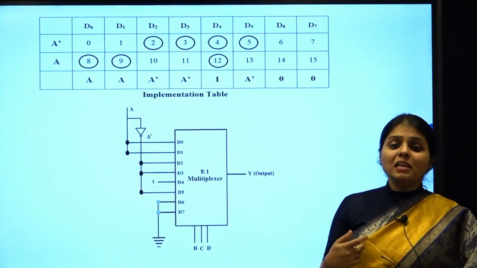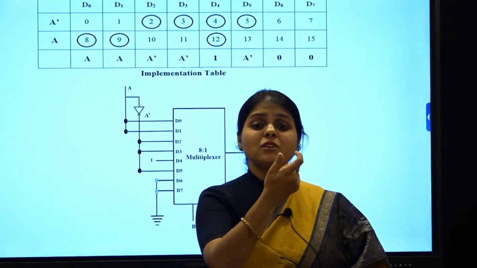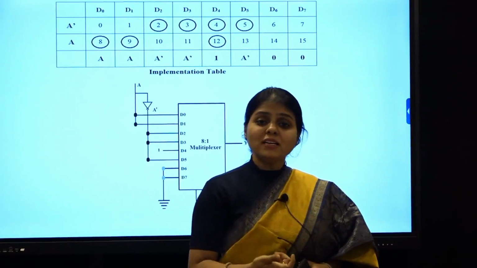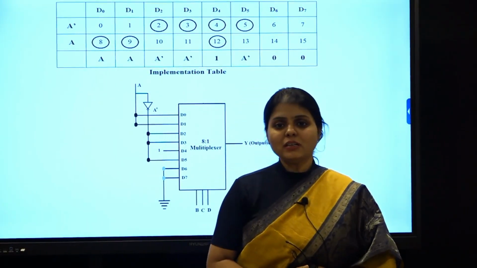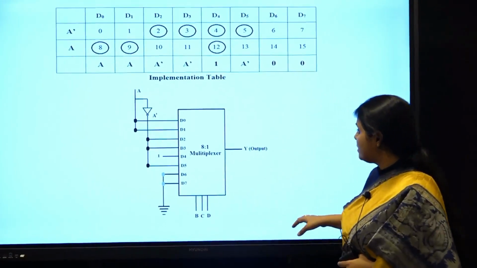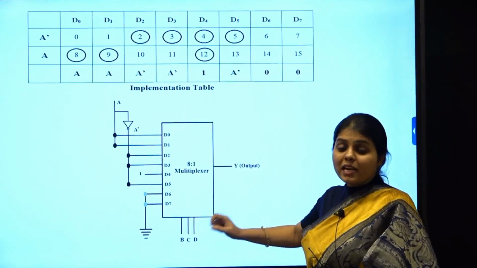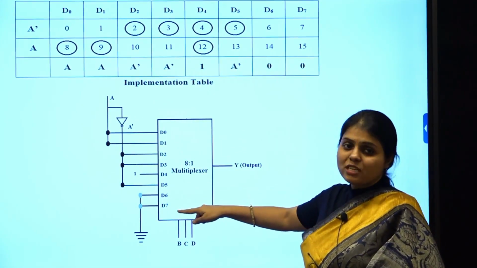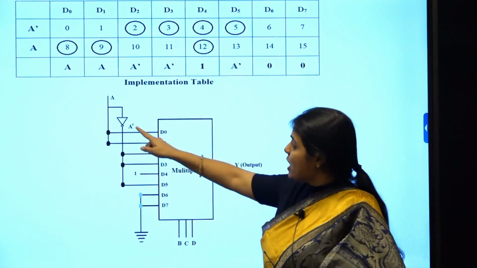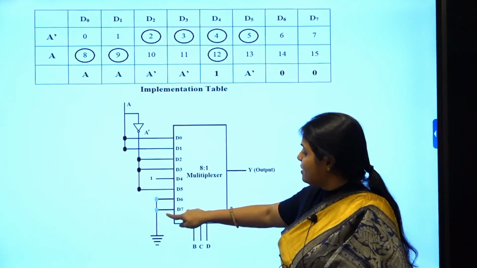So we will use the implementation table when the number of inputs is more in the given problem, but we are asked to design that using fewer input gates. Now this 8:1 multiplexer has 3 selection lines which we label as BCD. It has 8 inputs D0 to D7, for which I am going for the A line, A bar line, 1 line, 0 line.